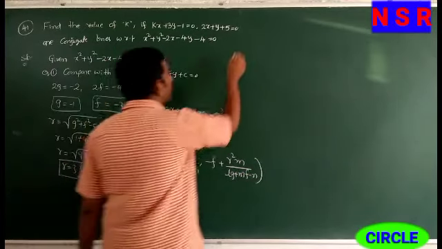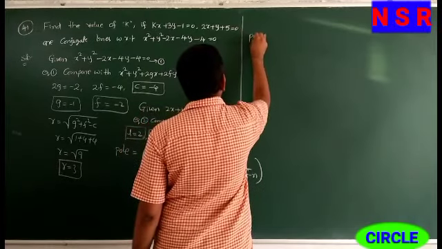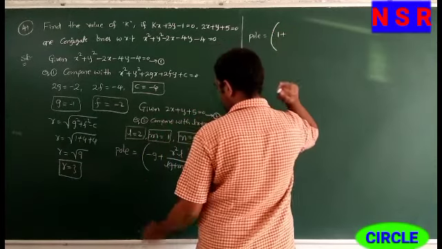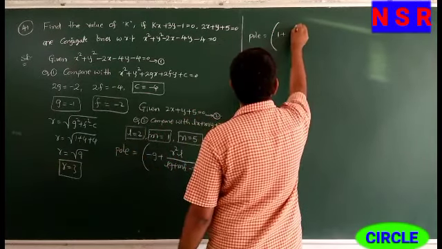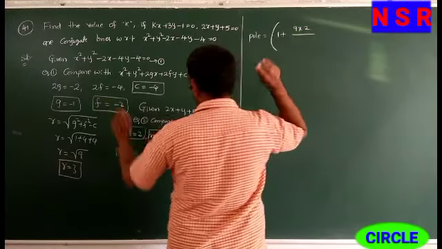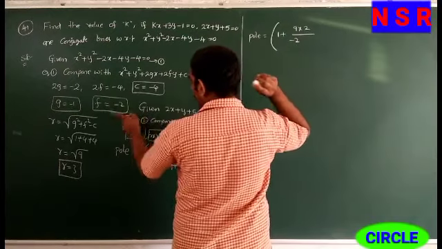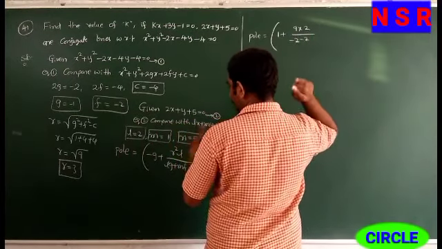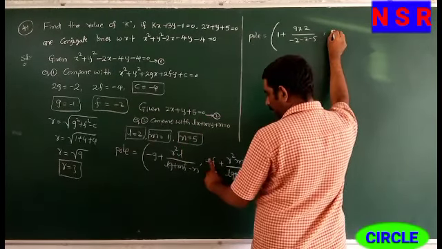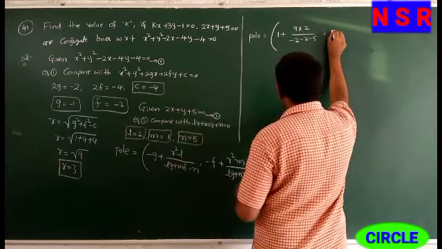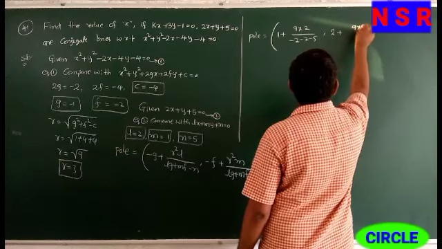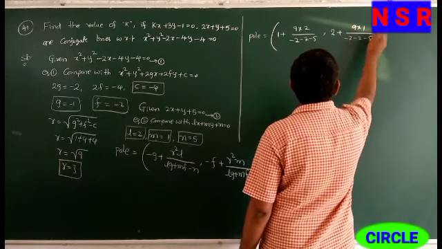Now substitute the values. So we get pole: minus g, minus of minus 1, plus 1, r square, r value 3, r square 9, into L value 2, by L into g, 2 into minus 1 minus 2, m into f, 1 into minus 2 minus 2, and minus 5. Next minus f, so minus of minus 2 plus 2, plus r square into m, 9 into 1, by minus 2 minus 2 minus 5.